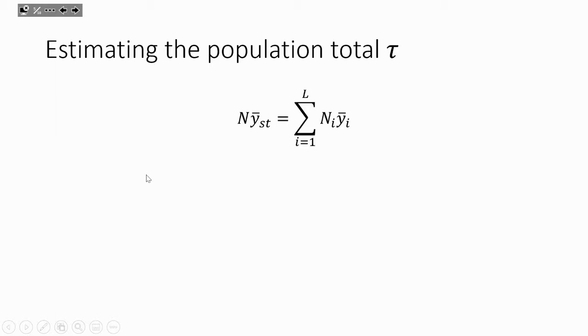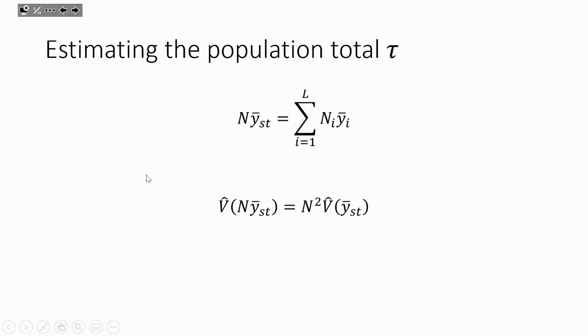And the formula for this is going to be simply the total population size N times y bar sub st, so times the sample mean as estimated from stratified sampling. So this is the same formula as we use to estimate mu, just we're not dividing by big N at the end.